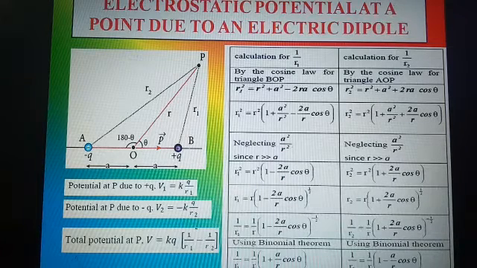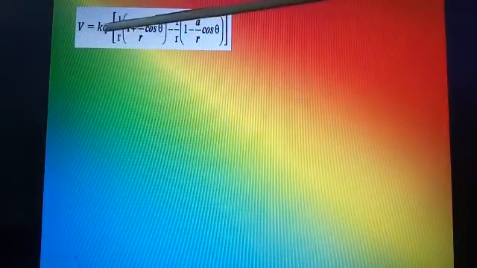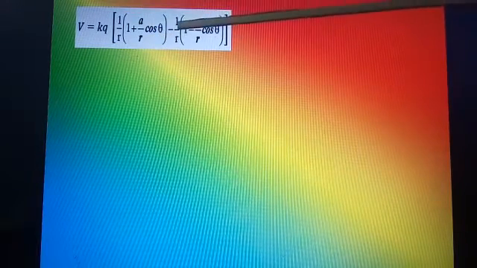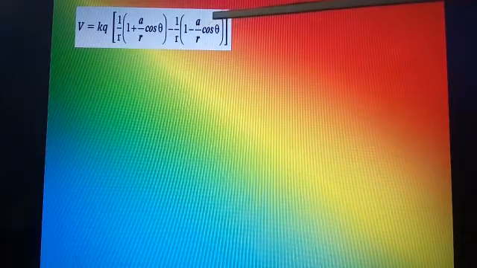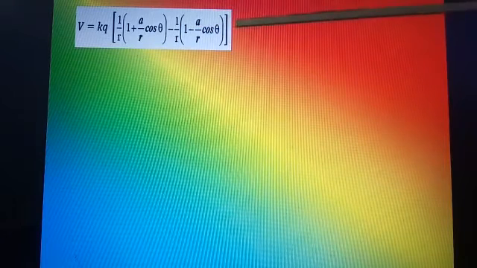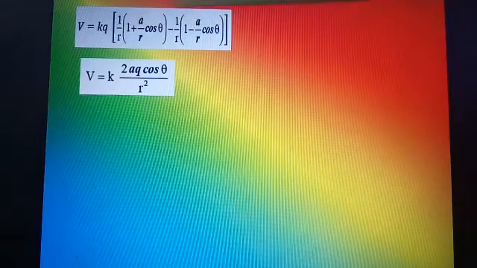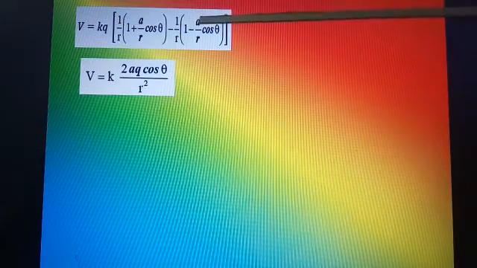We can get the next equation. That means the equation is V is equal to KQ into 1 by r1 plus a by r square cos theta minus 1 by r1 minus a by r square cos theta. So here plus 1 by r and minus 1 by r cancel each other.